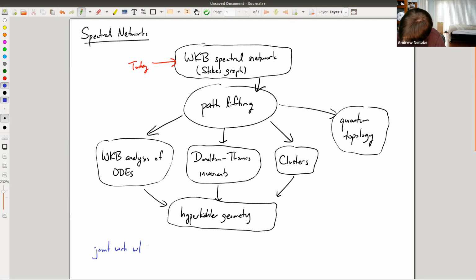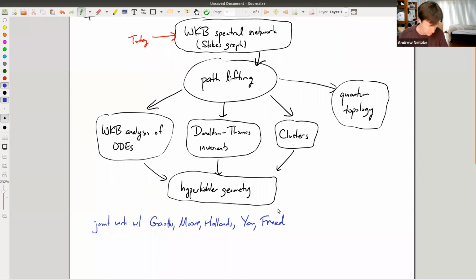My collaborators are Davide Gaiotto, Greg Moore, Lotte Hollands, and then for some of the more recent parts, Fei Yan and Dan Freed. And it's connected to mathematical and physical ideas of many, many people.